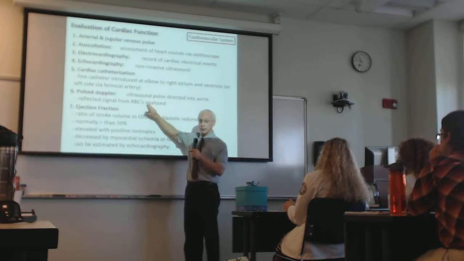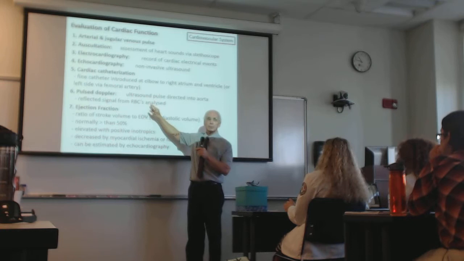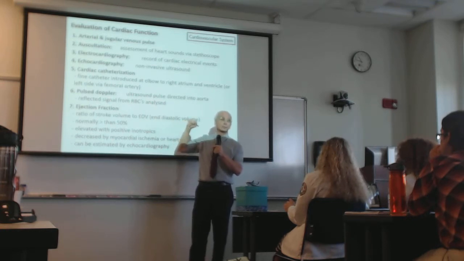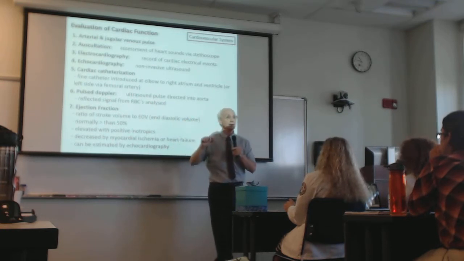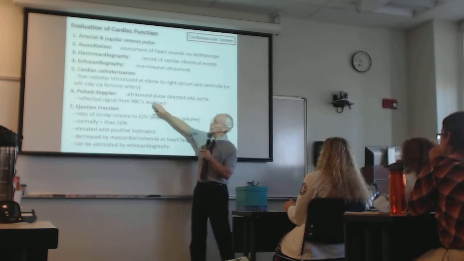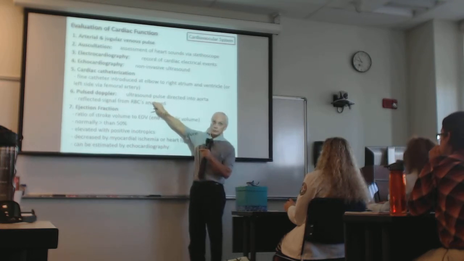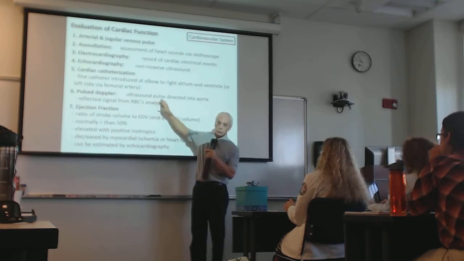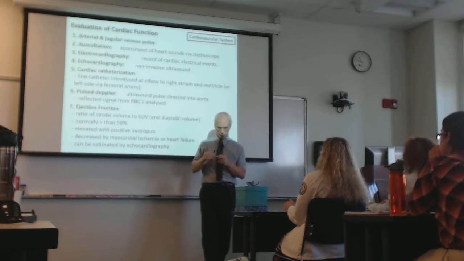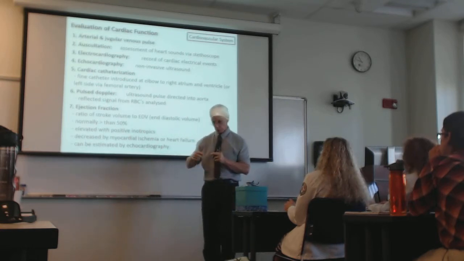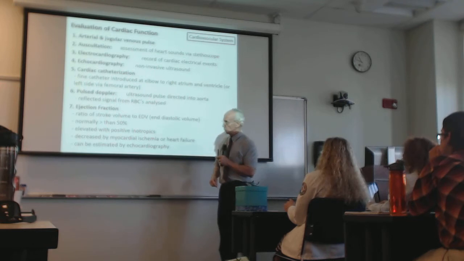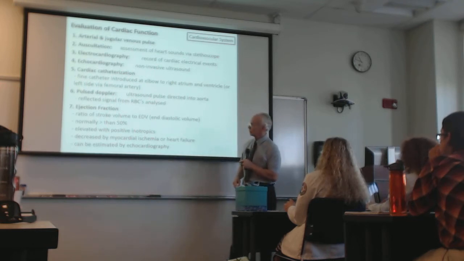And there's even a new test. It's in trials now. It's a new method for measuring glucose. It's a test for diabetes, non-invasive, involving pulsed Doppler. And basically all it's doing again is measuring the wavelength of light, because the wavelength changes with the binding of glucose to the red blood cell.